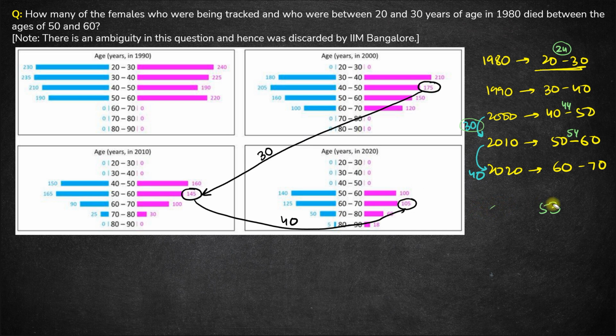Since we do not know exactly at what point of time people are dying in the decade, it's impossible to figure out exactly how many of these 30 females will die when they are between 50 to 60 years of age. We know they will die in this time period, but their individual age cannot be figured out, right?